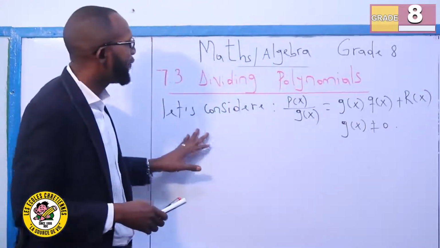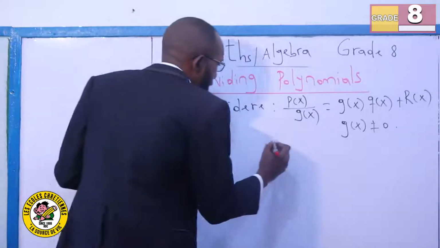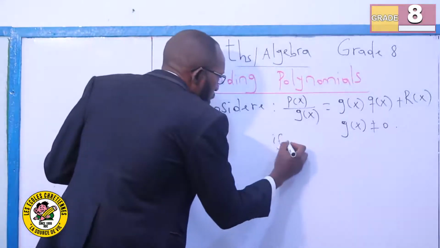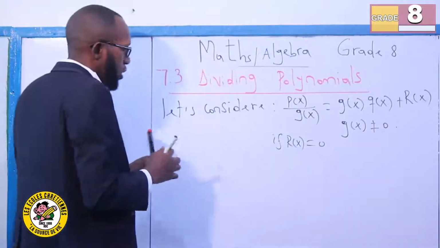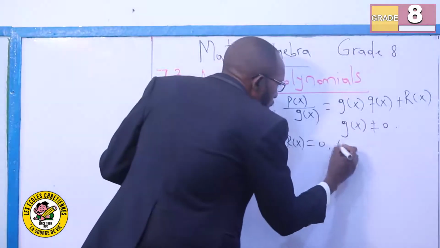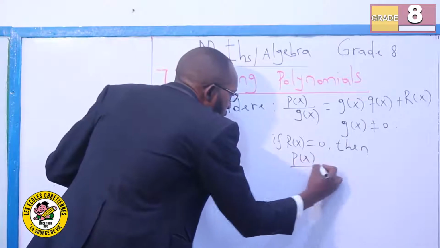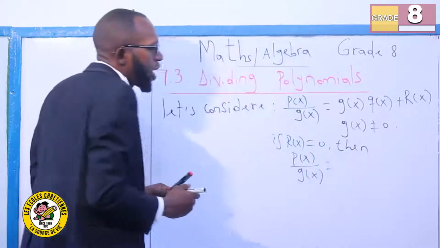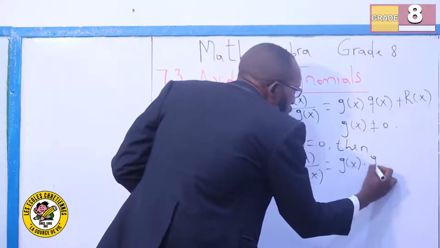When we divide, we have another case: you can also have r equals 0. If your remainder is 0, that expression can be written like this: p of x is written as g of x times q of x.